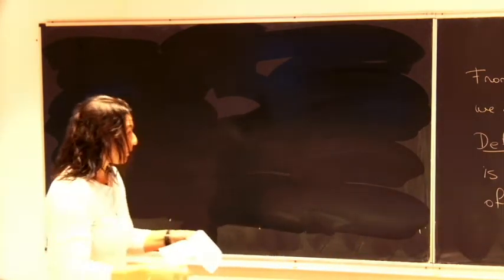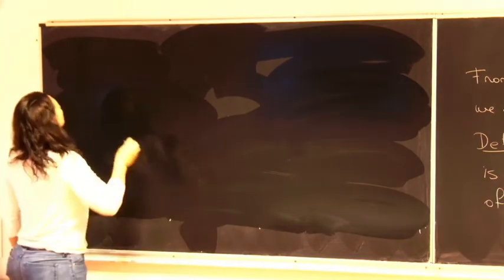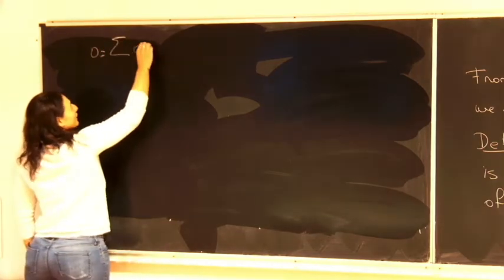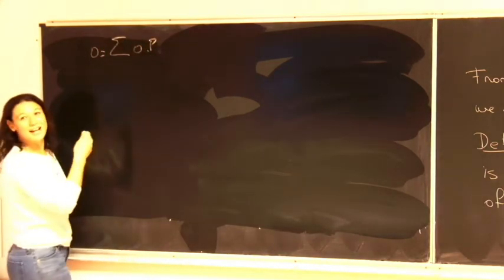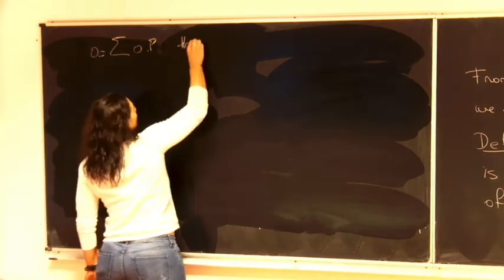Of course, this is a group because the 0 element is 0 times P, so I have all zeros. This is the 0 element of the group.